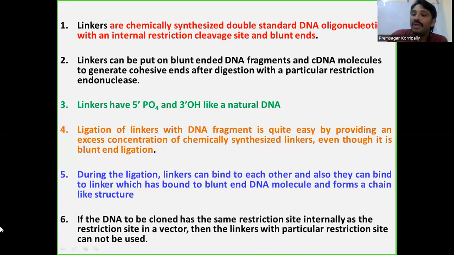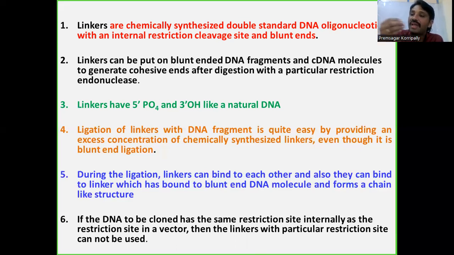But here, whenever a blunt-end molecule has certain restriction sites, so for example it has a BamHI restriction site internally in the blunt-end DNA molecule, we cannot use a linker which consists of BamHI.